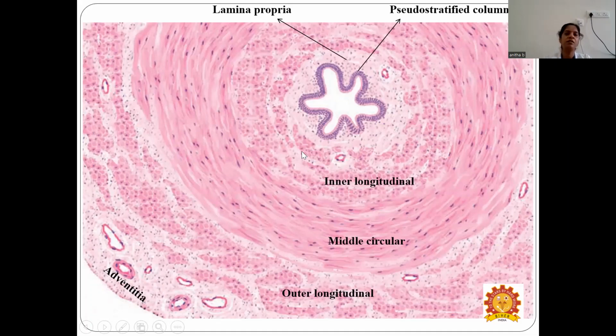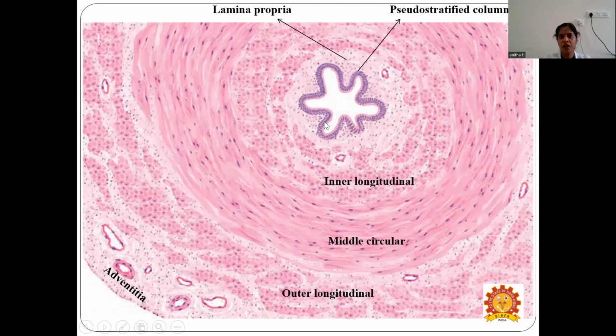See, when you see a section of ureter and vas deferens, you may get confused. The thing is, in vas deferens, this muscle layer will be very thick. Okay, it will be very thick. When you see the lumen, both are a little bit star-shaped only. But what is the thing you have to note here?